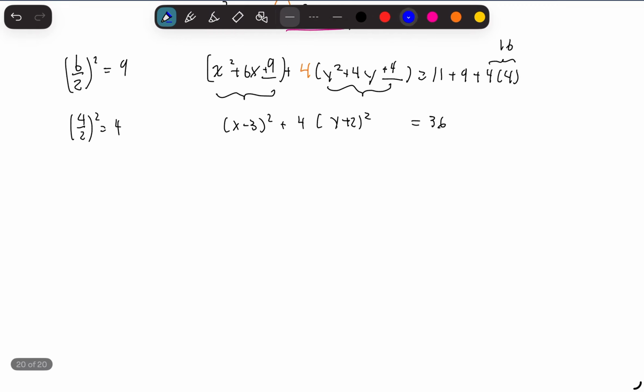So now after this, you're just going to divide both sides by 36. 4 over 36 can also be rewritten as 1 over 9.